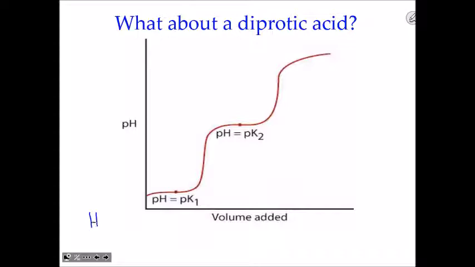If we had H2A plus our hydroxide, that's going to give us water and our conjugate base there. So this one would be for your pKa1.